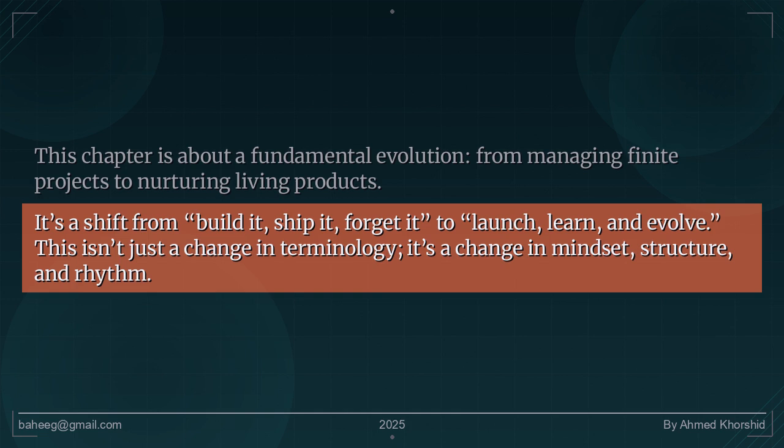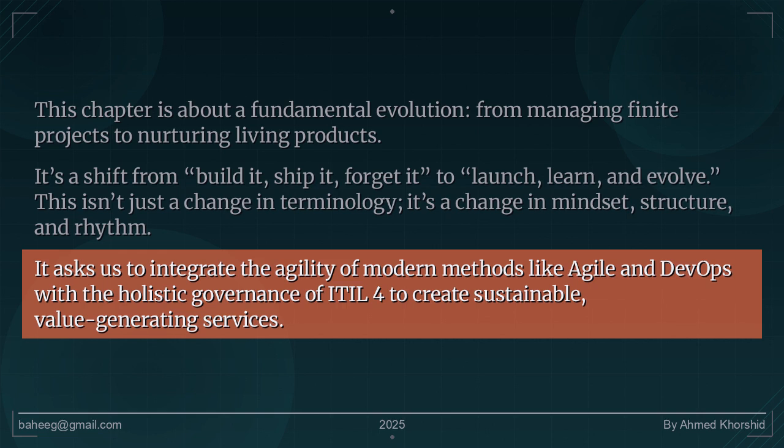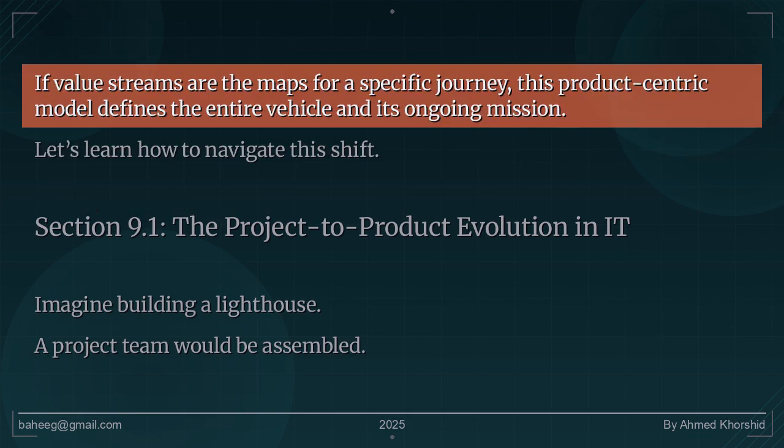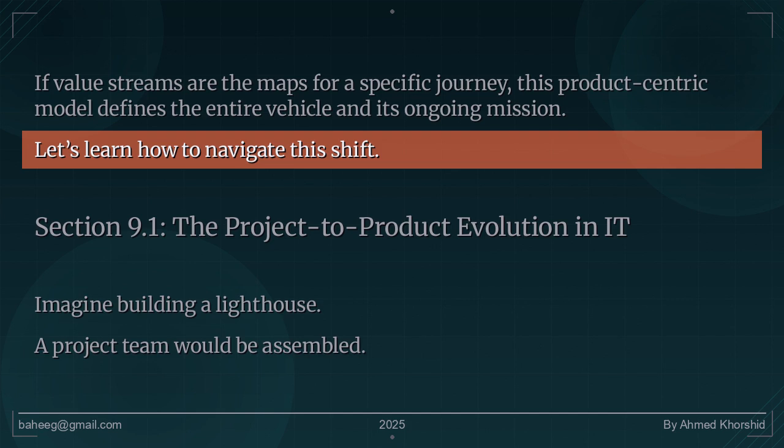This isn't just a change in terminology, it's a change in mindset, structure, and rhythm. It asks us to integrate the agility of modern methods like Agile and DevOps with the holistic governance of ITIL 4 to create sustainable, value-generating services. If value streams are the maps for a specific journey, this product-centric model defines the entire vehicle and its ongoing mission. Let's learn how to navigate this shift.